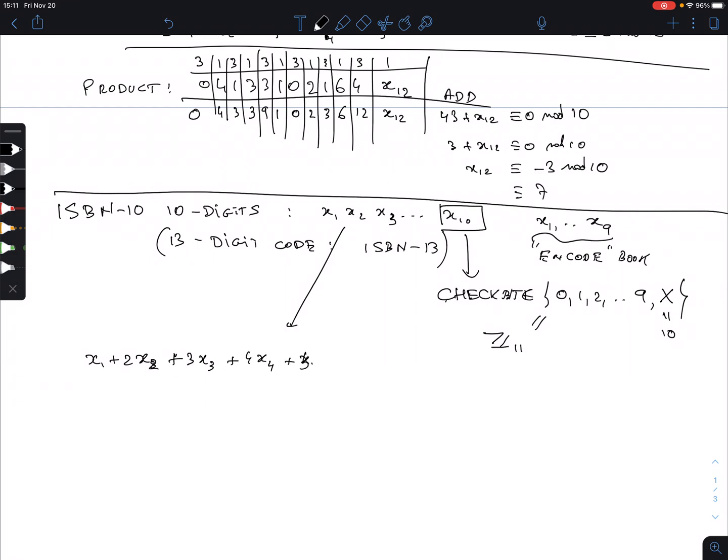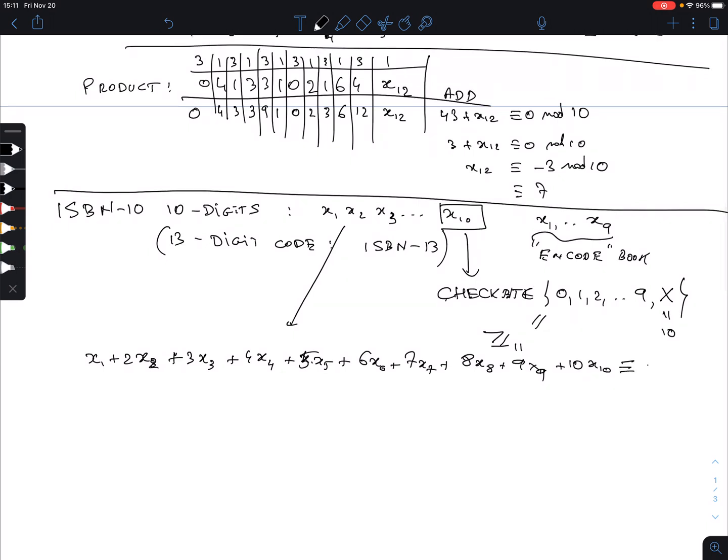Plus 5 times x5, plus 6 times x6, plus 7 times x7, plus 8 times x8, plus 9 times x9, plus 10 times x10, and this we want again to be 0 mod 11. Remember, we work in set 11, we work modulo 11. And so here is our check bit coming in.